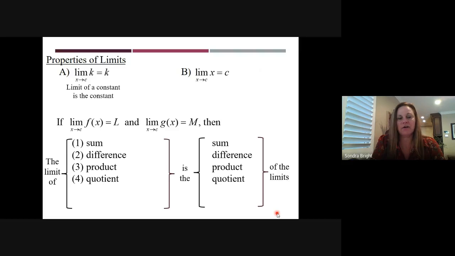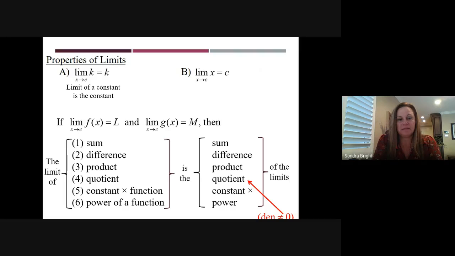The limit of a quotient, dividing, is the quotient of the limits, as long as, we have to have that little caveat there, as long as the denominator is not 0. The limit of a constant times a function is the constant times the limit. And the limit of a power of a function is the power of the limits.